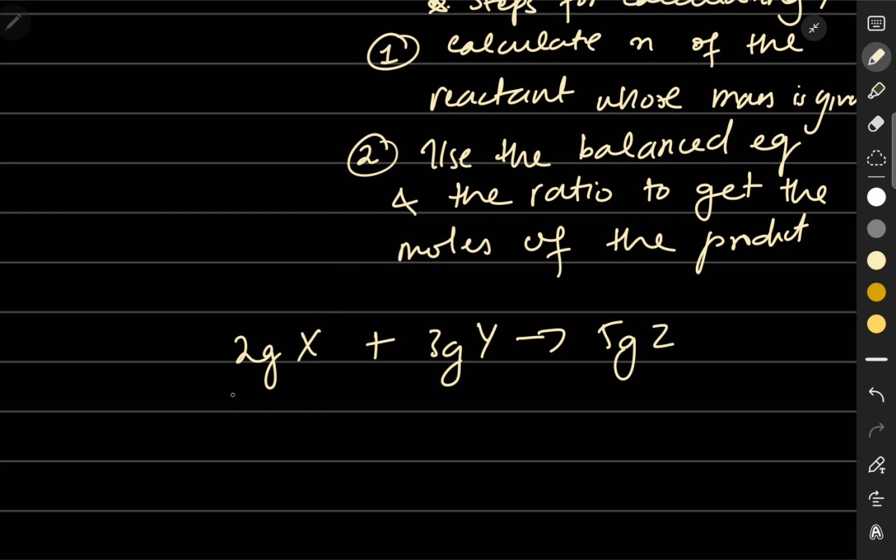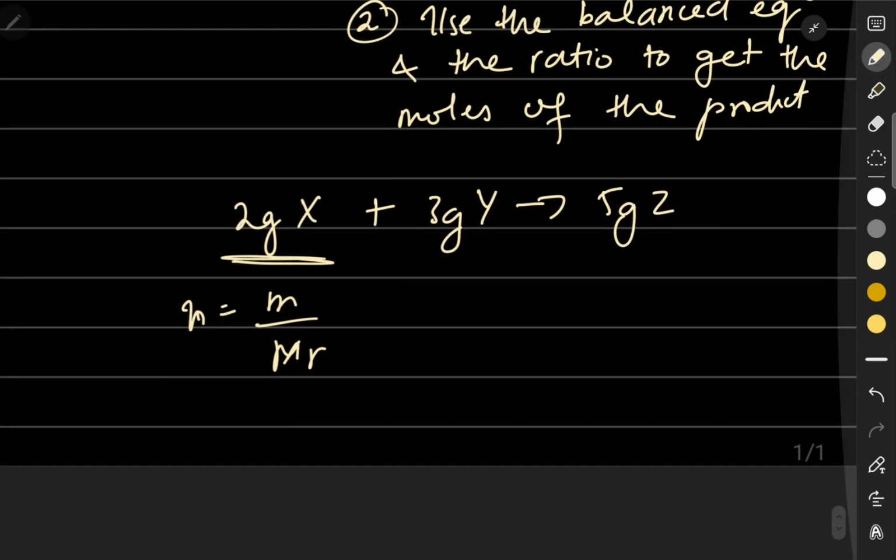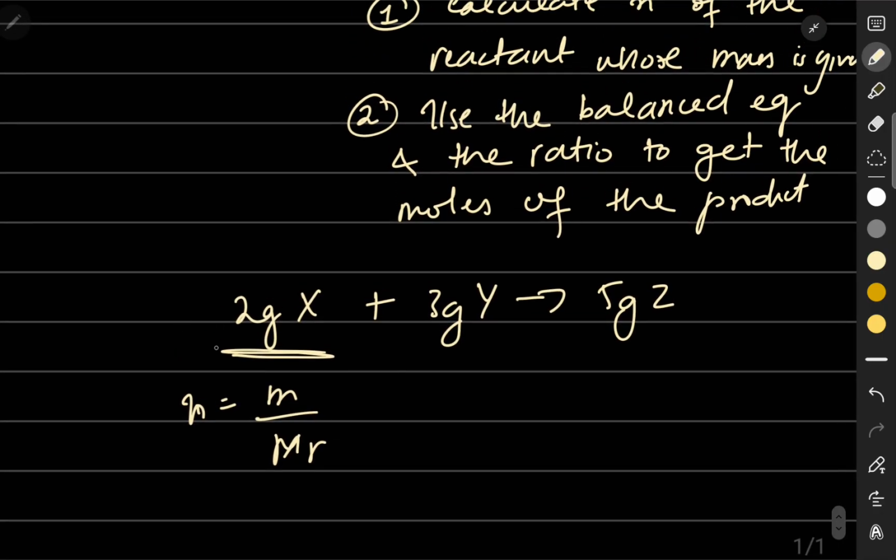So you calculate its moles using the mass that's given using this formula, if you don't already know this. So you calculate the moles of X. Then you use the moles of X. You do the ratio, so the ratio between this and the product is 2:5. So whatever moles of X you had, you use that to find the moles of Z.